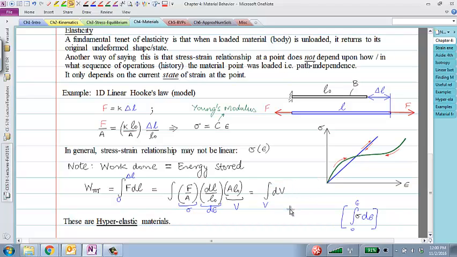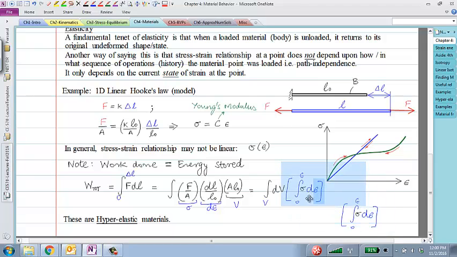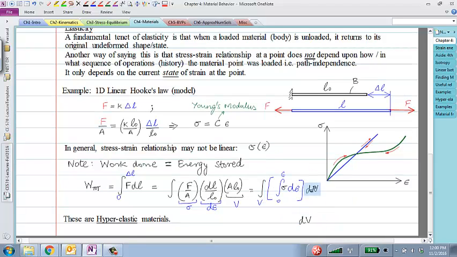Integral dV is V, correct? And if I do this, does it make sense? Is this quantity equal to this blue square bracket term? And then V is equal to integral dV, assuming this quantity is constant everywhere over the volume of the body. If it is not constant, then I would have to move it inside the integral, for a body that has non-uniform cross section or non-uniform material properties. The material could be different or the cross section could be different from point to point.